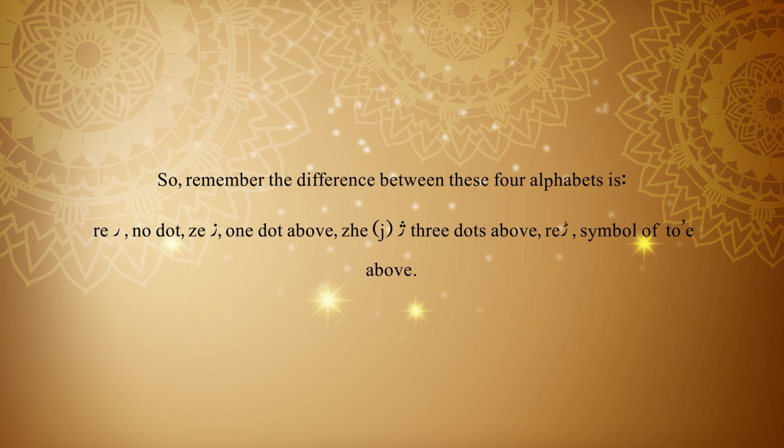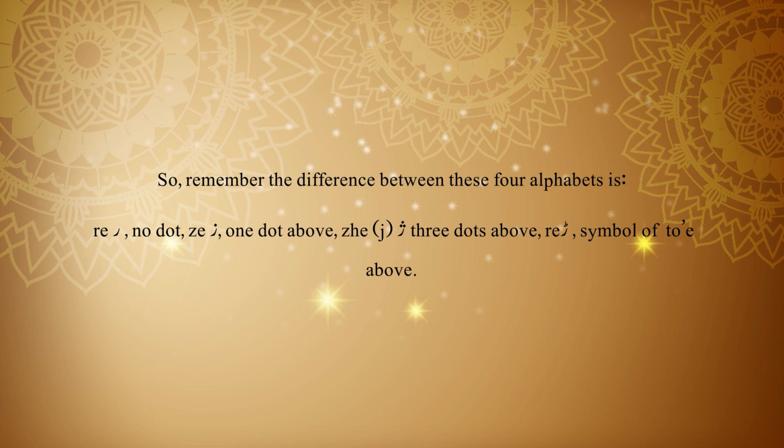Re is written without a dot. Z, one dot, and that is above. J, it is pronounced as J, like English J, three dots above.